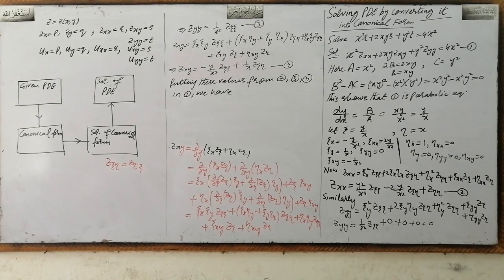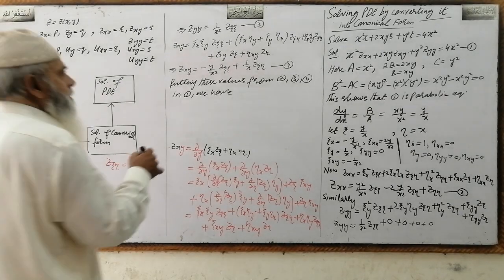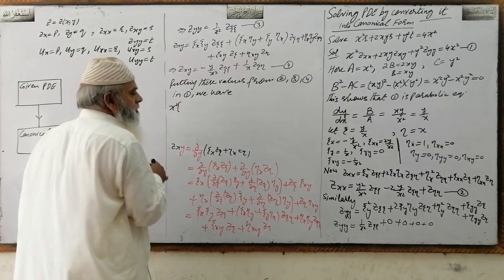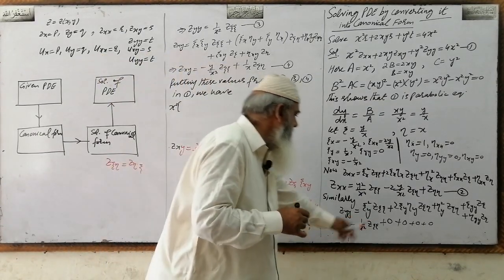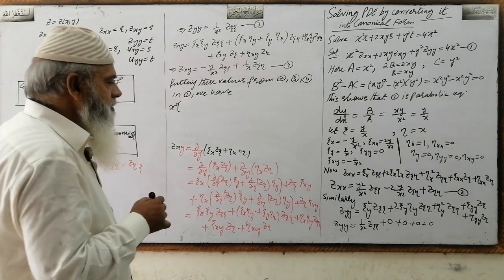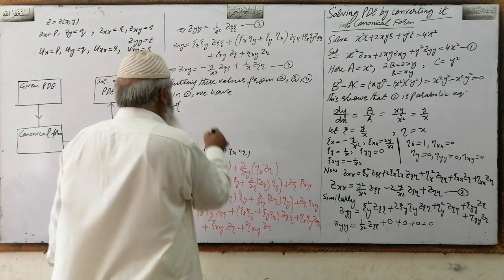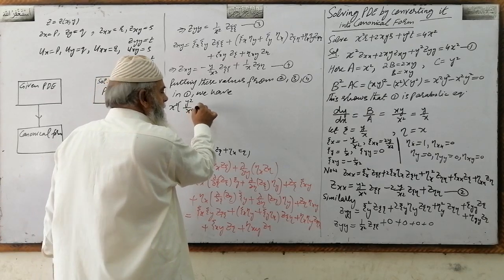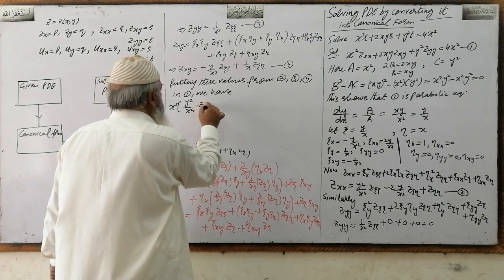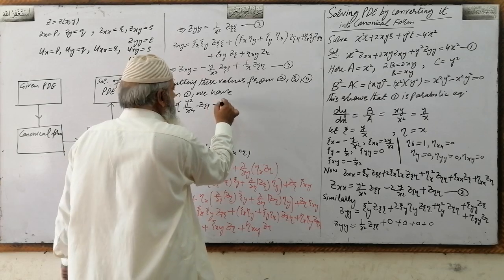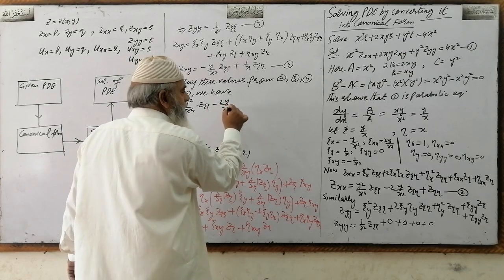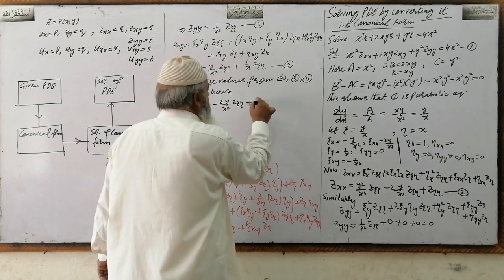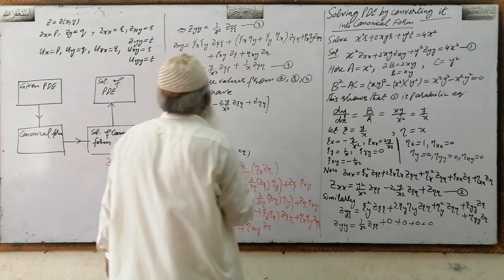Once again look at the equation number 1. X square and z double x. What is the value of z double x? Y square over x to the 4, then z double ξ, minus 2y over x square zξη plus z double η.